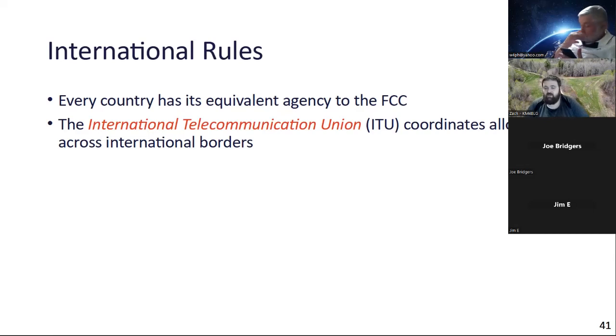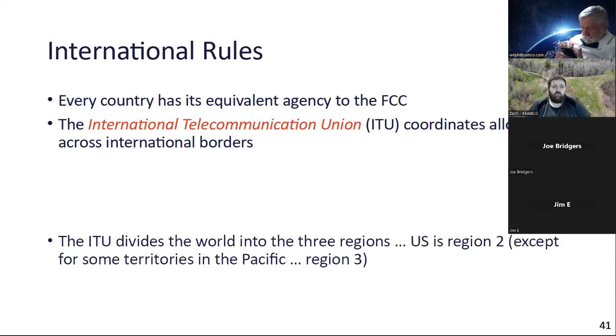It doesn't do any good if you're trying to talk to Germany and they've got one set of frequencies and we've got a different set of frequencies. We're never going to be able to talk because somebody would have to go outside of their frequencies. That's where the ITU comes in. They kind of help coordinate that to where there is a lot of overlap so that you can make contact with people overseas.